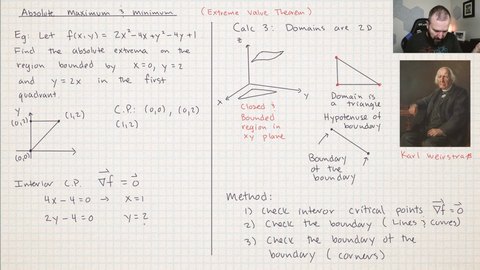You often end up with duplicate critical points, and that's okay. Here again, we already had this critical point 1, 2 because it was a corner of our domain, and then when we started looking for the critical points, we got it again. It doesn't have to be the same. This time it just worked out that way, just a coincidence.